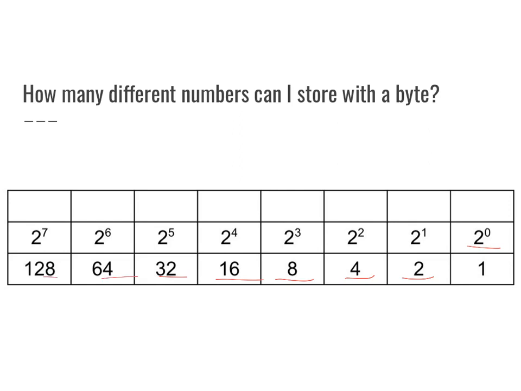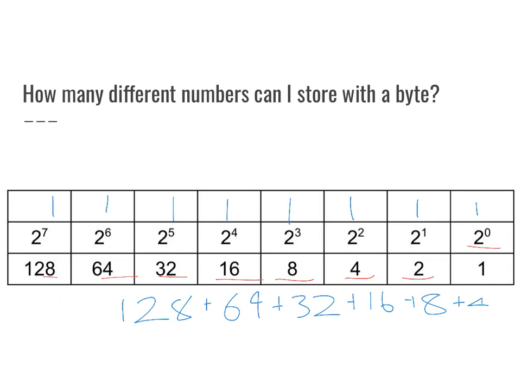So technically if I had a binary number of 1, 1, 1, 1, 1, 1, 1, 1, I could store 128 plus 64 plus 32 plus 16 plus 8 plus 4 plus 2 plus 1. So the biggest number that I can store with 8 bits is 255.